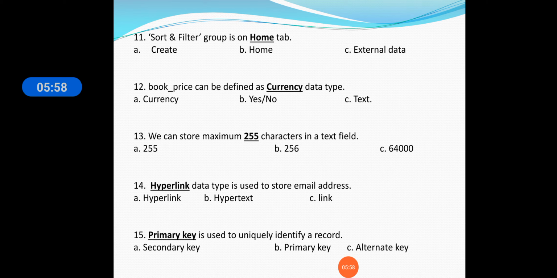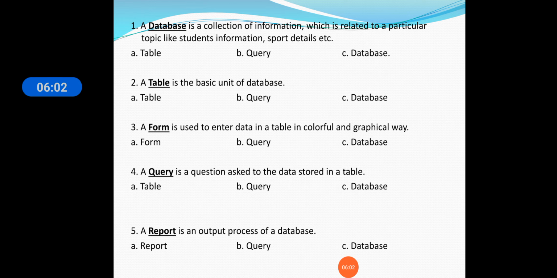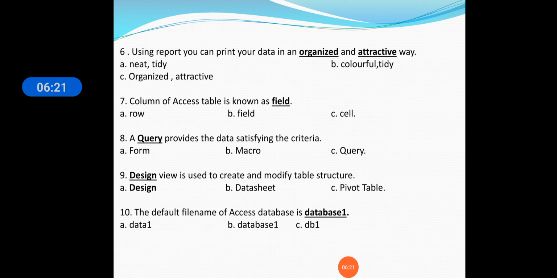Now let us remind what we have learned. Database is a collection of information. The table is a basic unit. Form is used to enter data in a colorful and graphical way. A query is a question. Keep in mind that a report is an output process. Using reports we can print in an organized and attractive way.